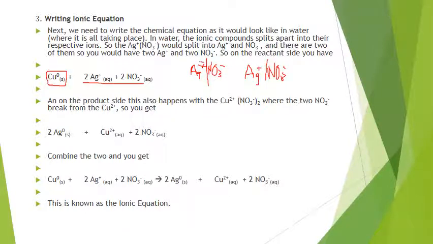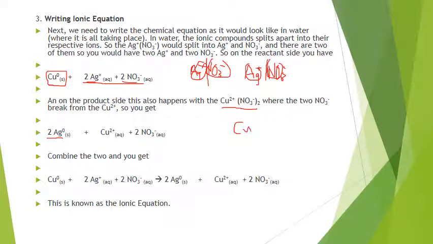And so you would have two Ag and two NO3. Okay, so this is what it would look like in water. Now on the other side of the equation, the silver stays as silver, but the copper nitrate, the CuNO3 gets split.